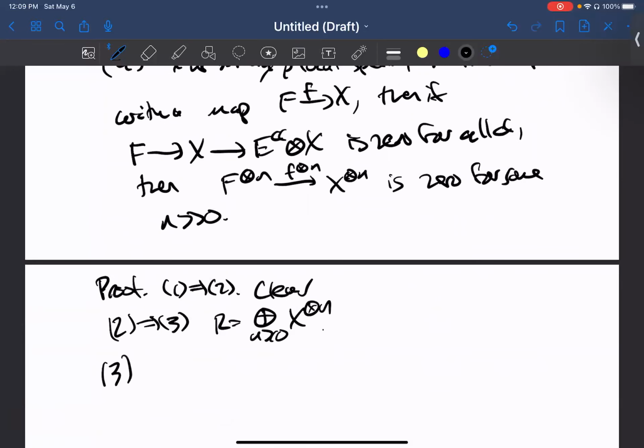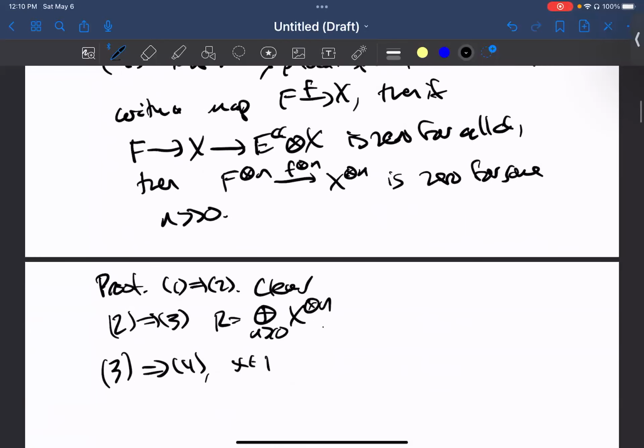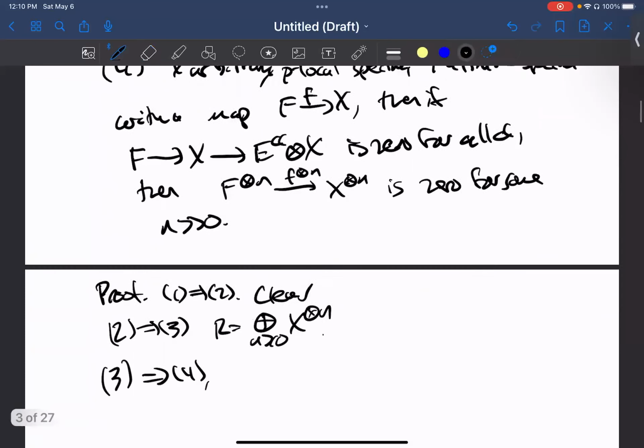For 3 implies 4. A class x in pi 0 of X we can consider just as a map from the sphere spectrum to X. Or I guess rather let's do it this way. We're just doing it for arbitrary finite spectra.